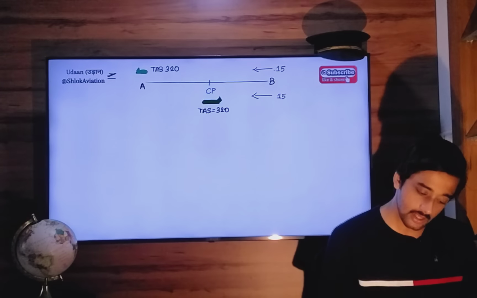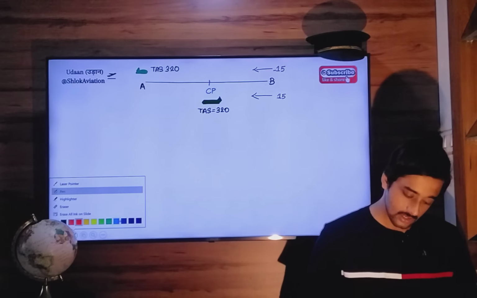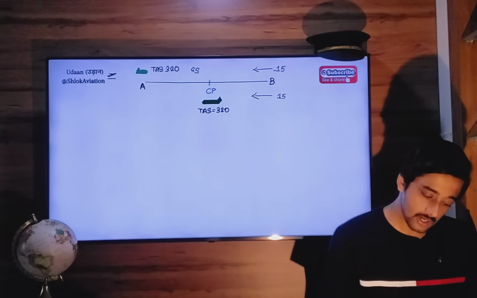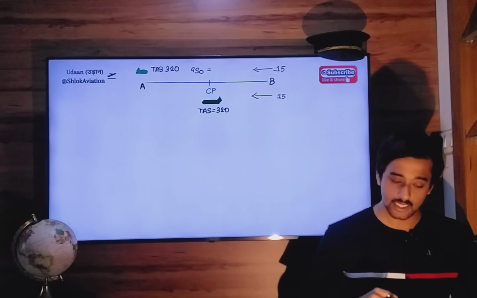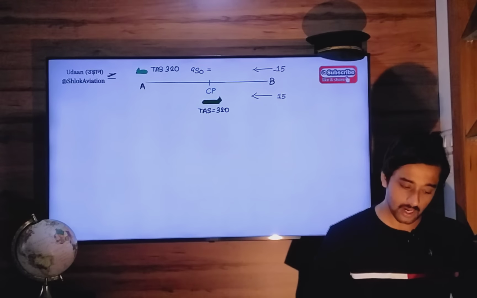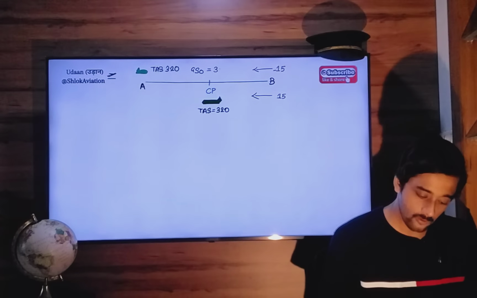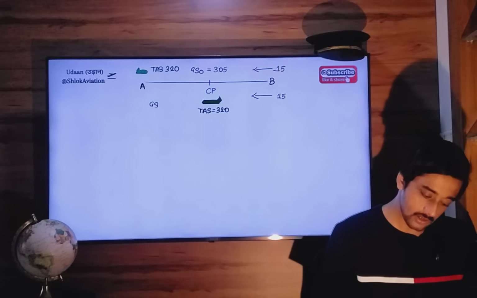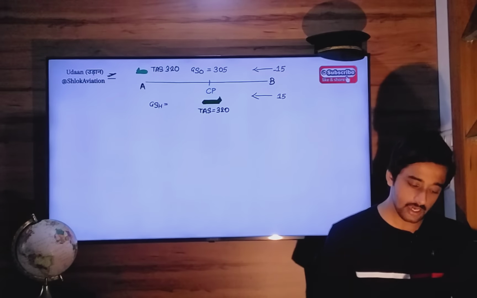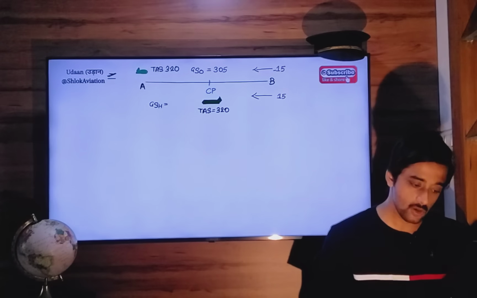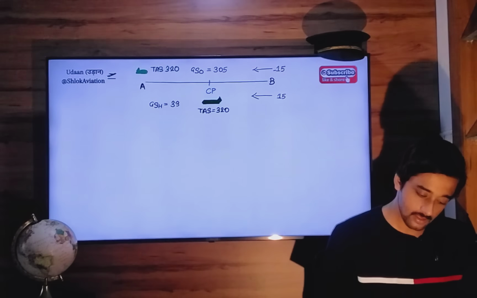So minus 15, plus 15. So the outbound ground speed will be true airspeed minus headwind, so 320 minus 15, 305. Homebound ground speed will be 320 plus 15 tailwind, so 335.